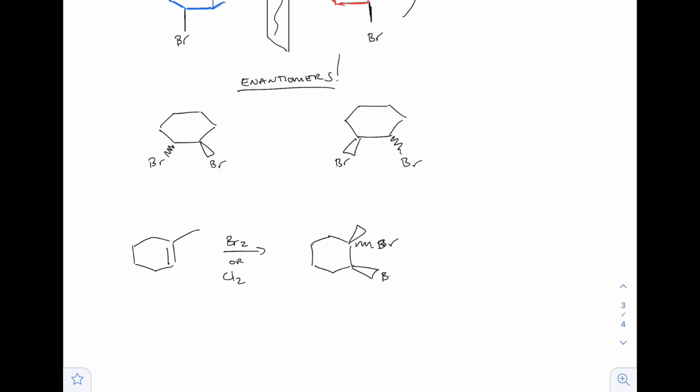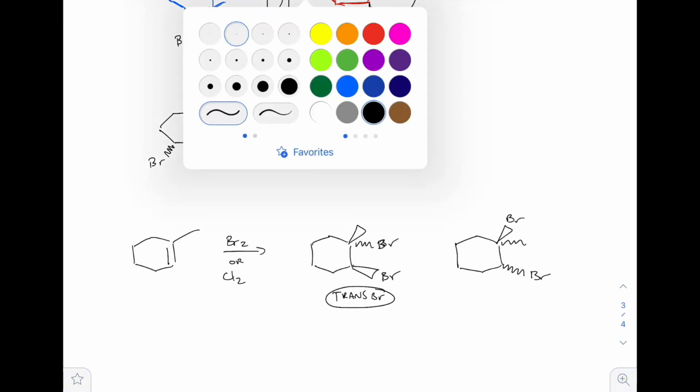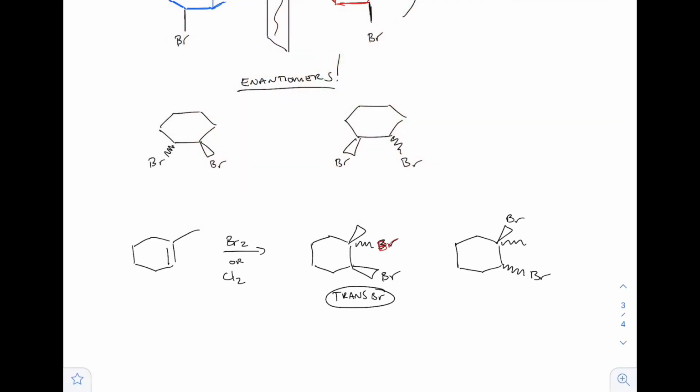We got the bromine as a dash, and the bottom bromine as the trans wedge. Okay, so if you draw one, just immediately give the other bromine the opposite sign. So this one's a wedge, that means the other one's going to be a dash. And you don't even have to think. You know that they are always going to be anti to one another. Okay, just because of the mechanistic pathway.